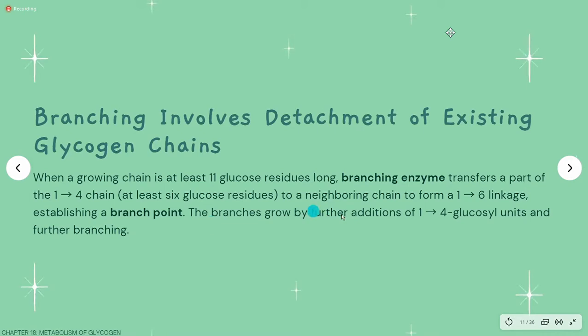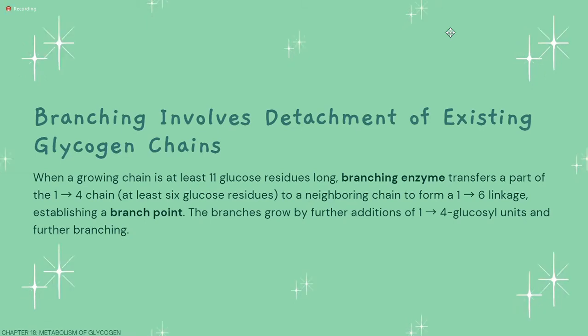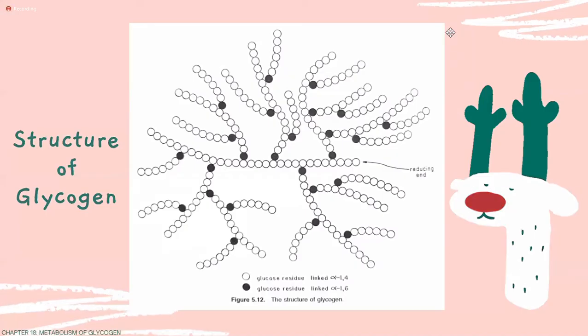The branches grow by further additions of 1,4 glucosyl units and further branching. So you see how nice is your body? That's your branching.